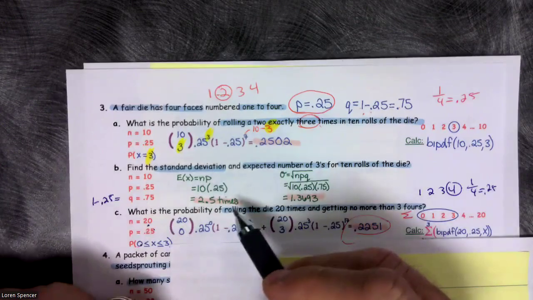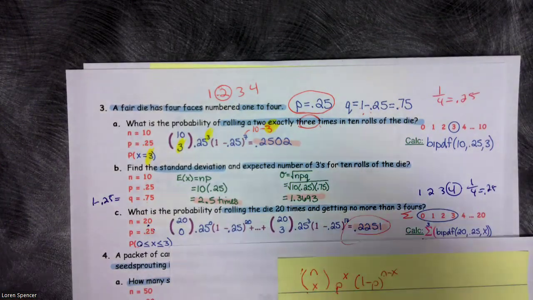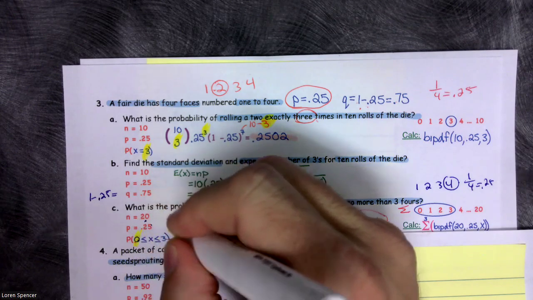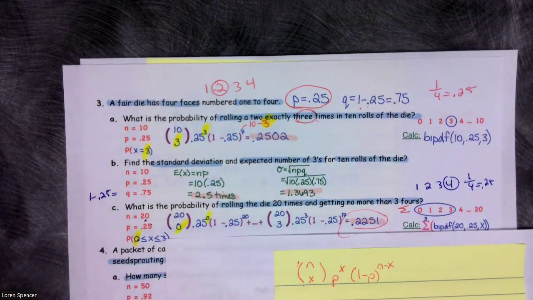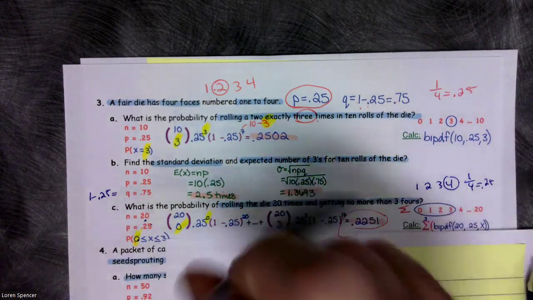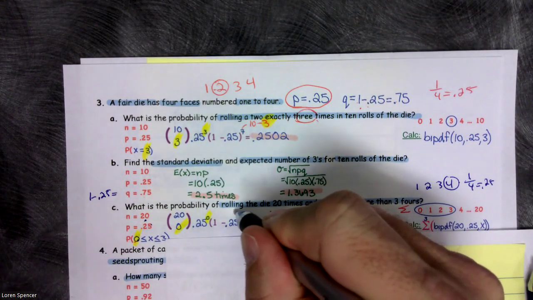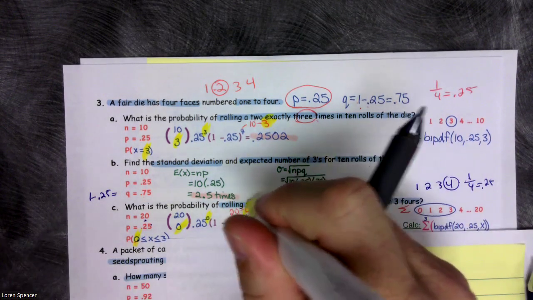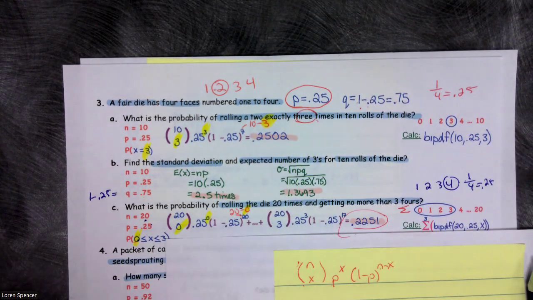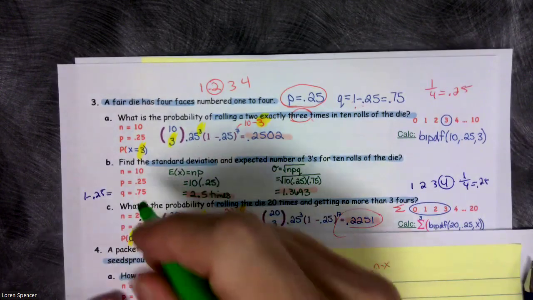Now for my work shown, please remember, this is 0, and you've got to remember that this 20 is not just a 20, it's actually 20 minus 0. And then we have our higher value. Our higher value is 3.